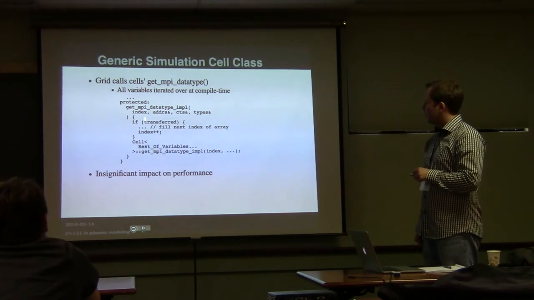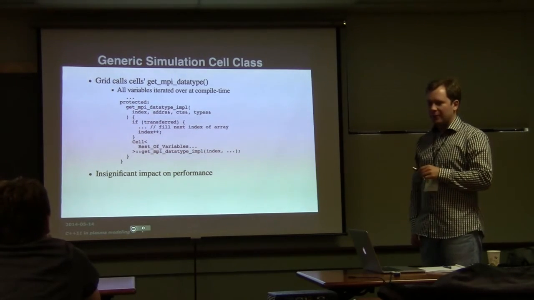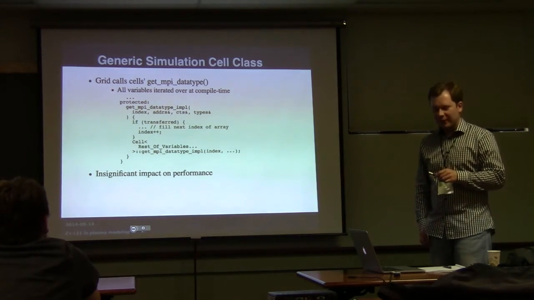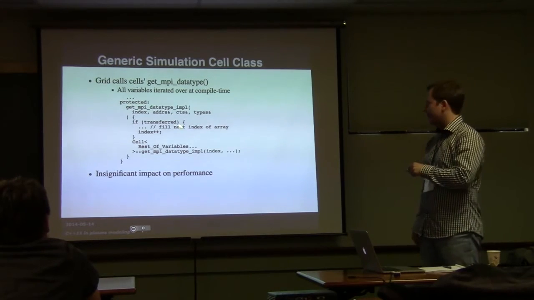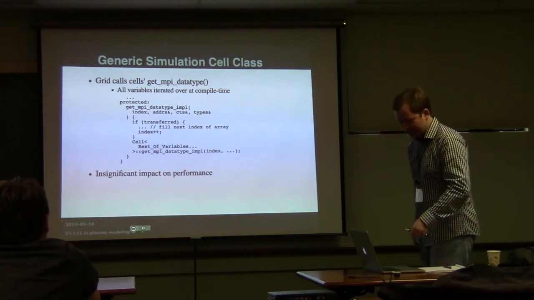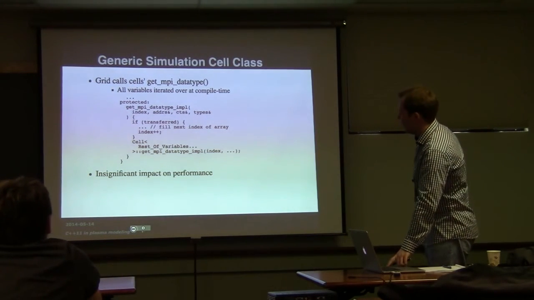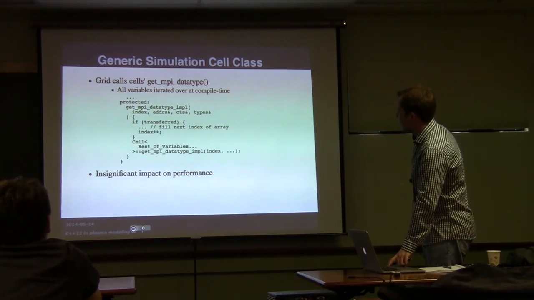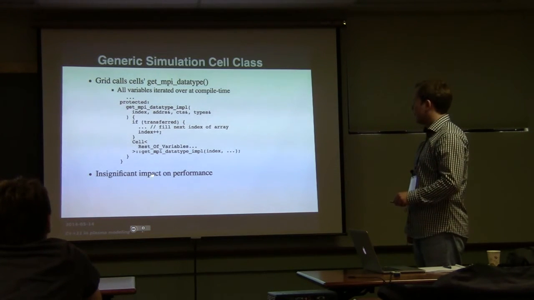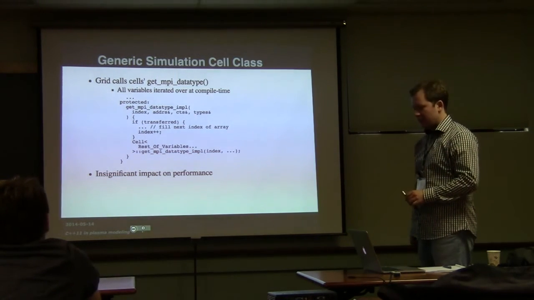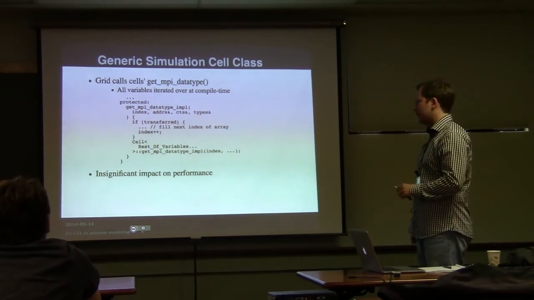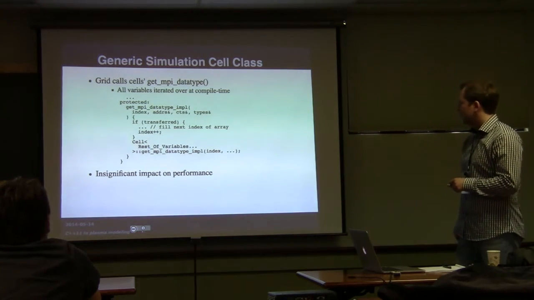And so I suspect that this part could have also been done by MPL, but I couldn't figure out how. It just kind of was easier with these variadic templates, at least. And also the performance impact is not measurable, at least in these simple game of life tests.